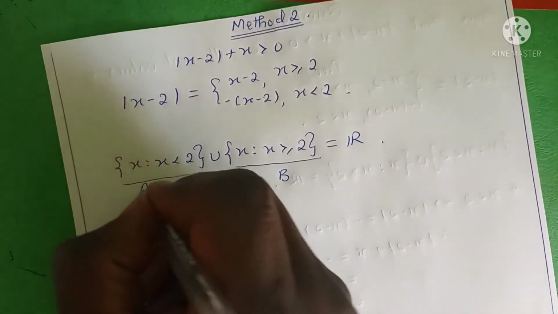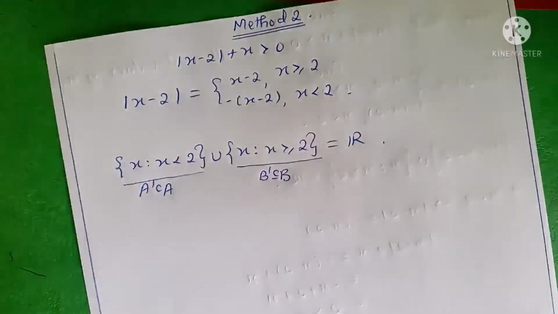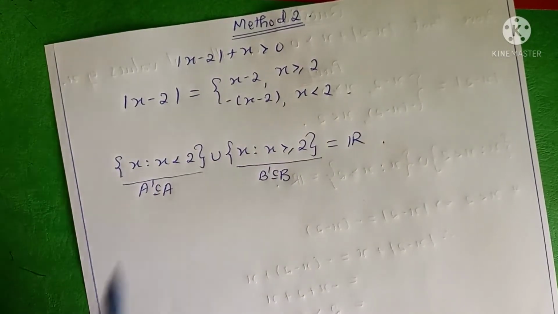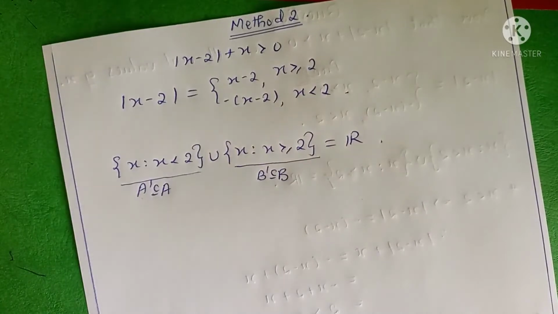Let's call that subset of A, A prime, and that of B, B prime. So at the end, we're going to find A prime union B prime in order to have our solution set.